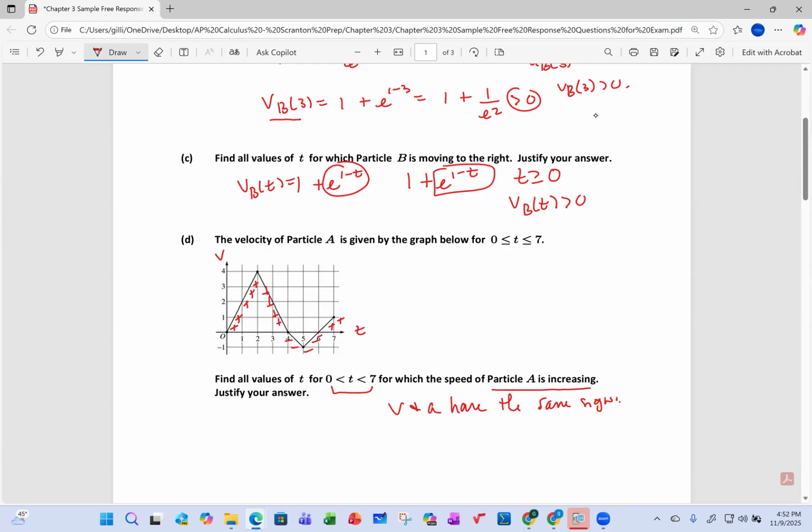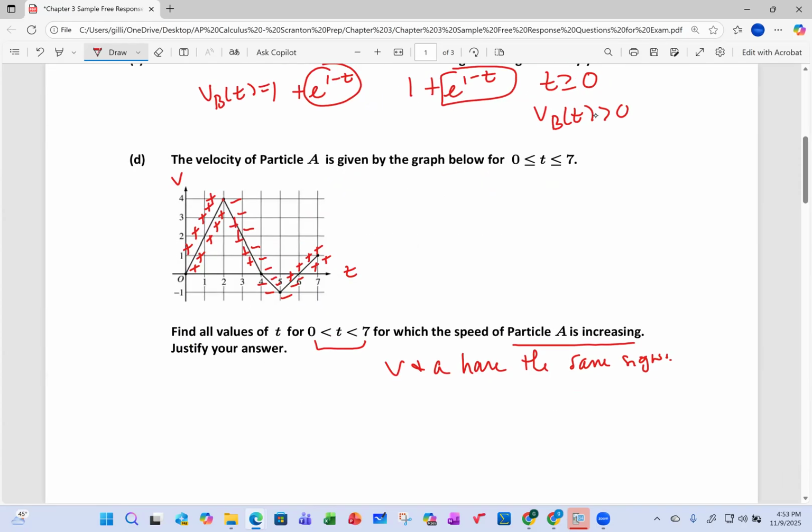So acceleration is the slope of this graph. So all slopes are positive here. Notice the acceleration won't exist at those corner points. And here, all slopes are negative. All these slopes are negative. And then all these slopes are positive. All right, got to look carefully here. When do I have the same sign?